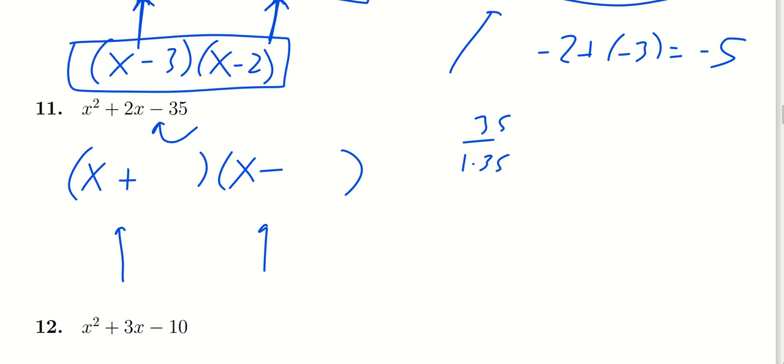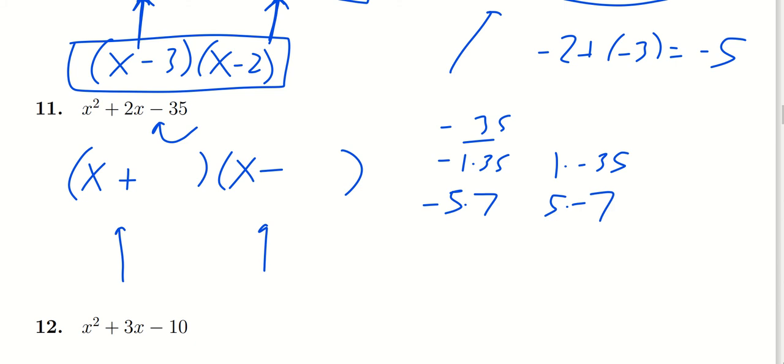If I write out the factors of 35, they are 1 and 35, 5 and 7. But actually I could write factors of negative 35 because our last term is a negative 35. So it could be negative 1 times 35, or negative 5 times 7, or you could have 1 and negative 35, or 5 and negative 7.